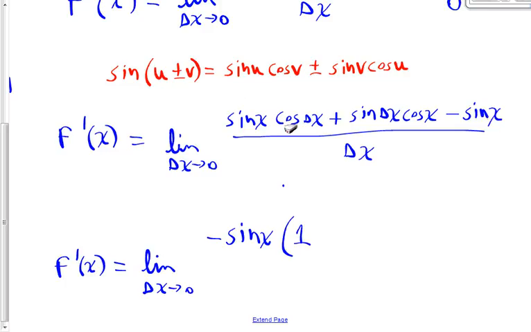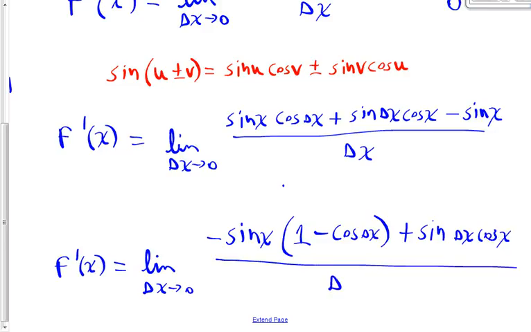If I factor it out of this term here, I'm going to be left with negative cosine of delta x. And it doesn't occur in this term, so I'm just going to leave that term alone as the sine of delta x cosine of x. And this is all still divided by delta x.